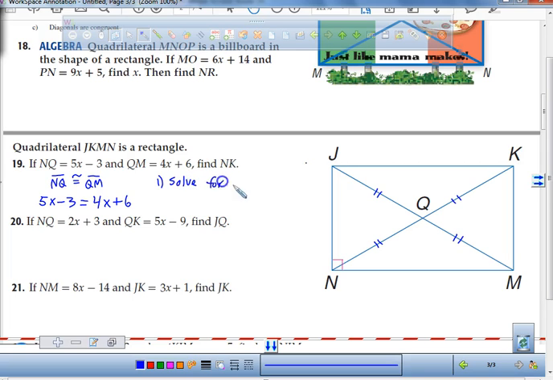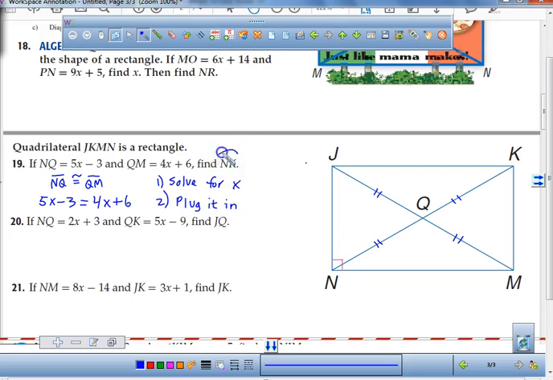Solve for x. Step 2, plug it in. Now, what's that going to give you? That's going to give you the distance from here to what? Here to there. But this time you're going to have to do what? Multiply it by 2, because N to K is twice the distance from N to Q.